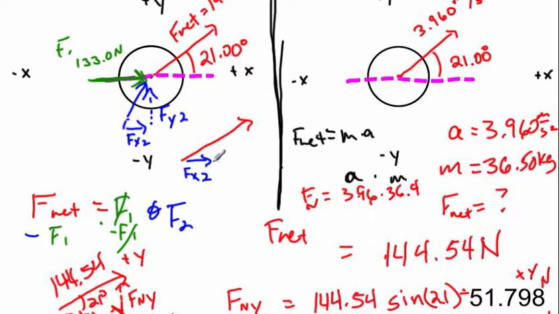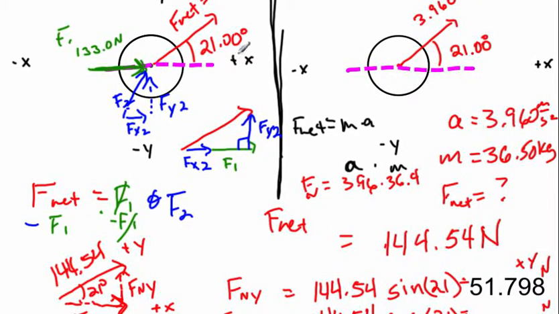And then the green force from F1 would go right here. And then the Fy2, Y component of the second force, would go right there. And we see that this triangle, it's a right triangle, it's made up of the X and Y component of F2 and the F1 component.